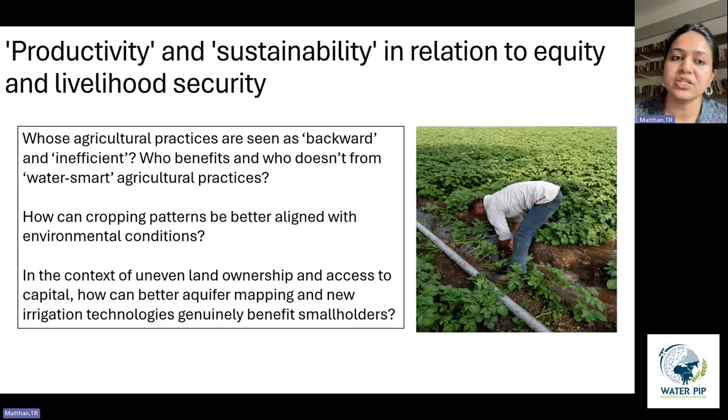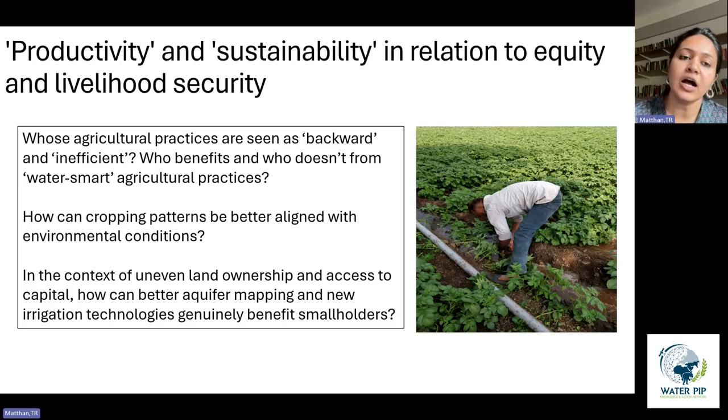So just some questions to end with is to think about whose agricultural practices are often seen as backward and inefficient, and who benefits and who doesn't from water smart agricultural practices. So I think in Suhas's presentation, he mentioned that a lot of these climate resilient water infrastructures require considerable investment and therefore end up only being accessible to large landowners and dominant caste farmers.